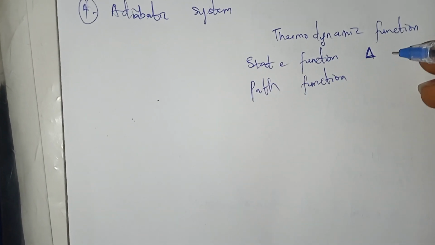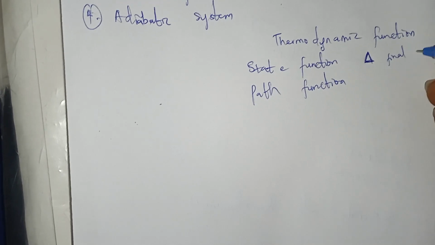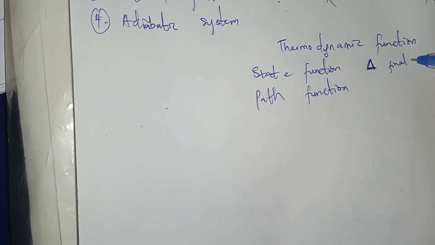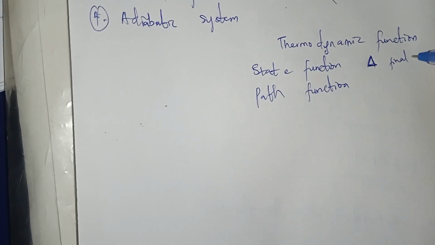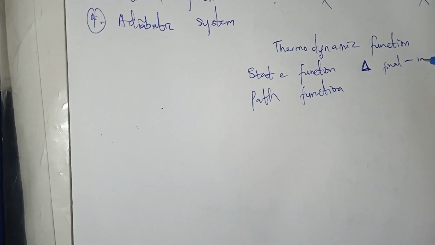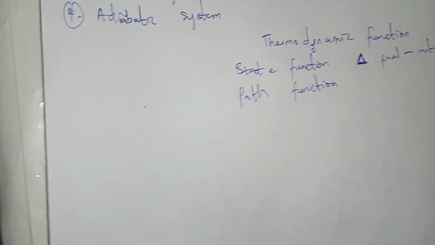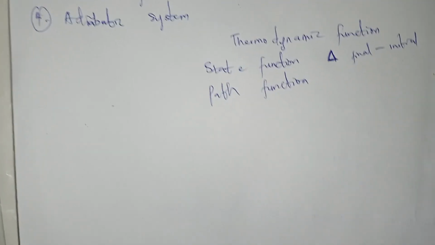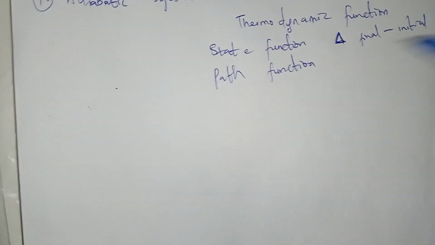For example, when you have final enthalpy or final entropy or final of anything minus initial, such a function is said to be a state function. But the ones that don't respond to this is a path function.